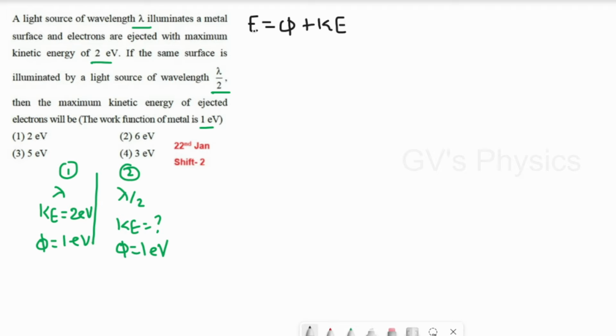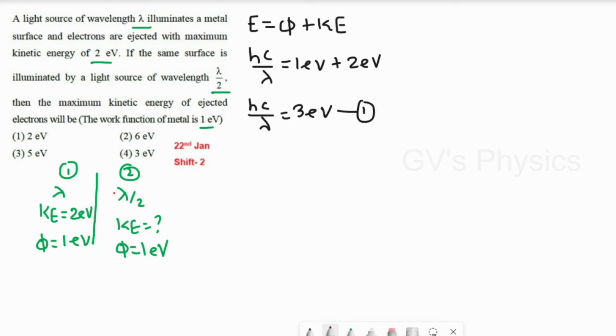Since they have given wavelength, instead of energy E we can take hc by lambda, which is equal to work function 1 electron volt plus kinetic energy 2 electron volt. That will be 3 electron volt. So hc by lambda is equal to 3 eV. This is condition number 1. For the second one, they have given the wavelength lambda by 2, so hc by lambda by 2 means lambda.